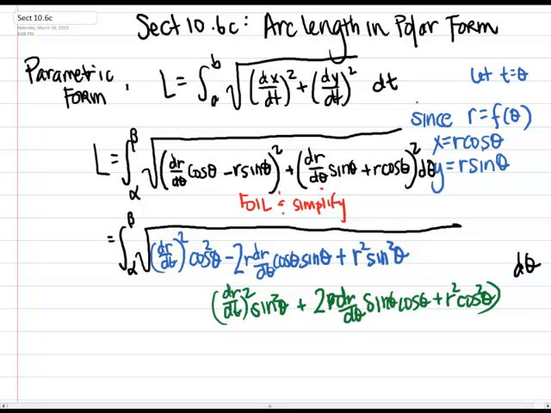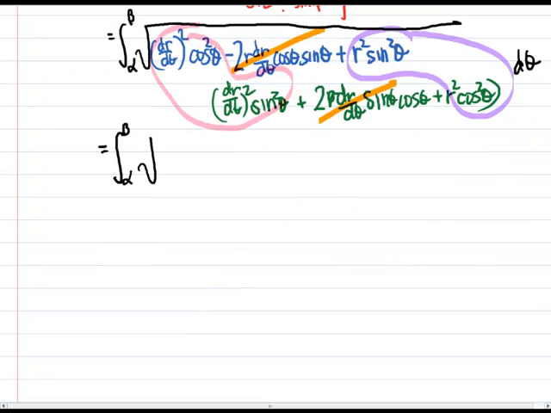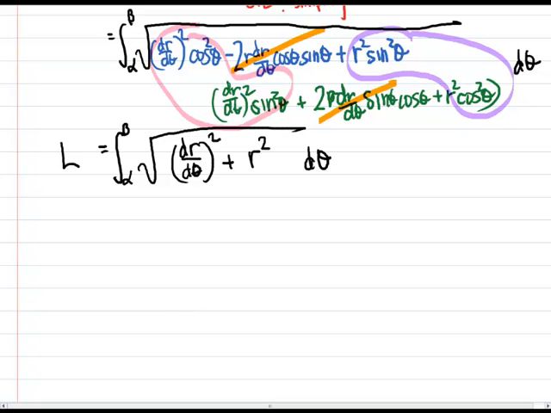Now a few things are going to happen here. You're going to notice these two will cancel, and we're going to pair up and simplify these two and pair up and simplify these two. So we're going to end up with dr/d theta quantity squared plus r squared d theta. This is our arc length formula in polar form.